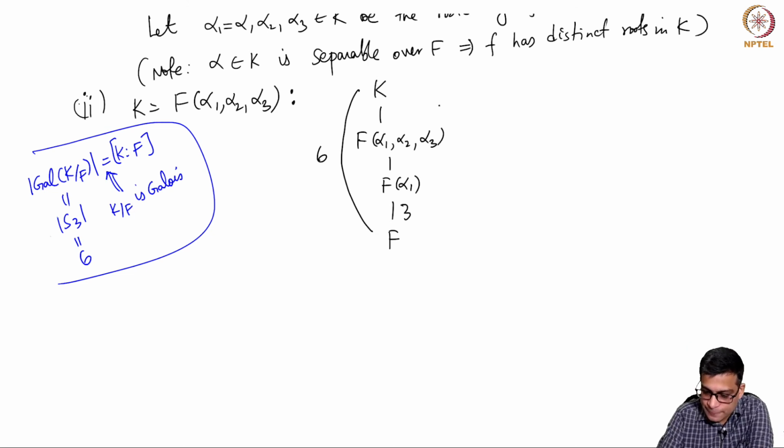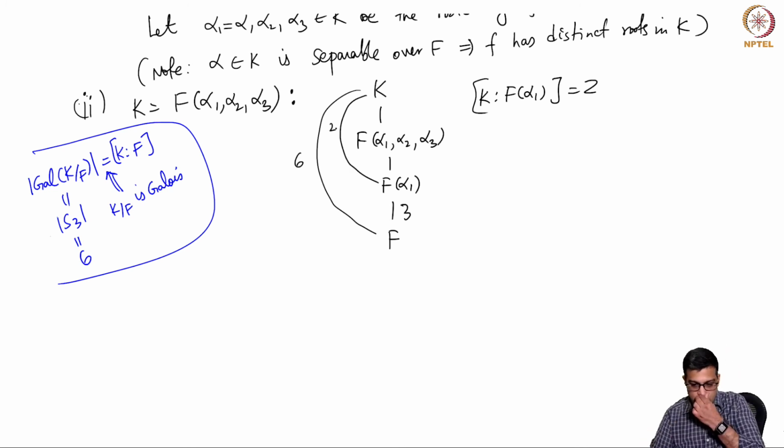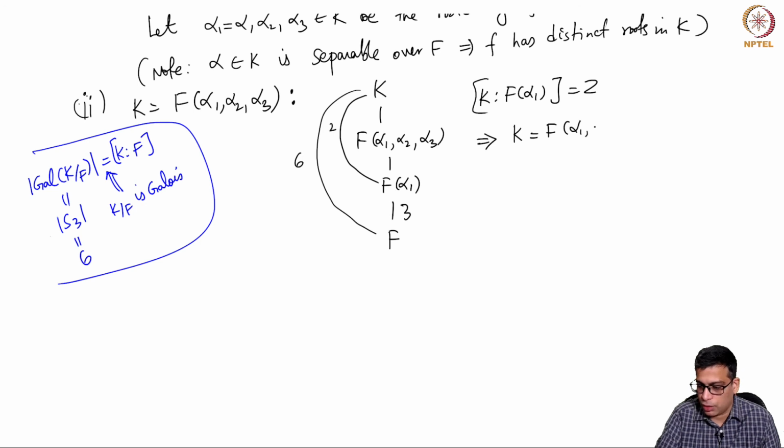I should have mentioned that before. So this is degree 6, this is degree 2. So that means [K : F(alpha 1)] is 2, right? So maybe let me write that. So this is 6, this is 2. Now F(alpha 1, alpha 2, alpha 3) is an intermediate field of a degree 2 extension. So this implies K equals F(alpha 1, alpha 2, alpha 3), or F(alpha 1) equals F(alpha 1, alpha 2, alpha 3).